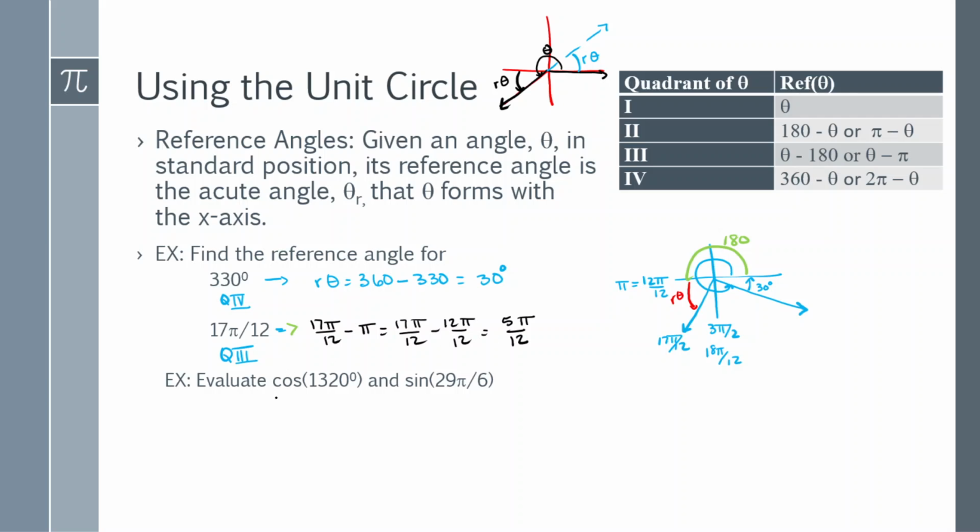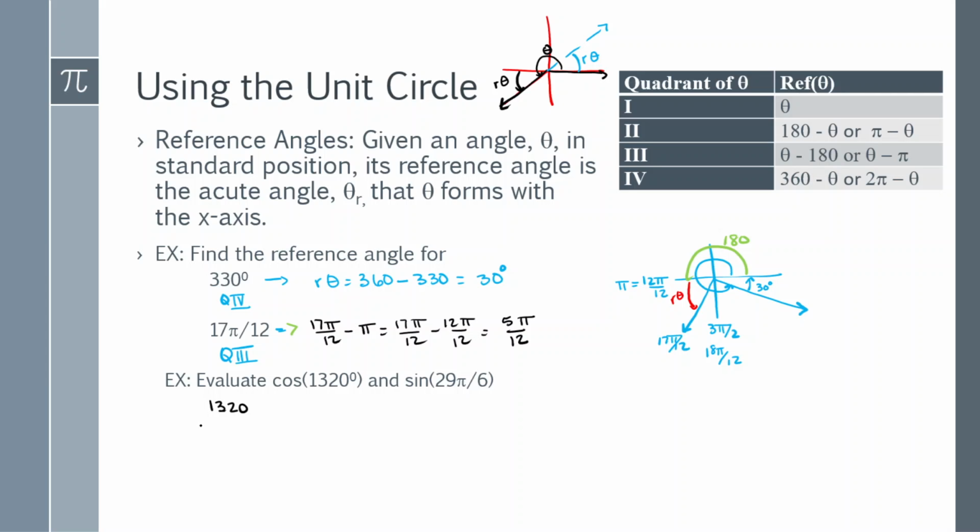Okay. Now, how do we use this information to find cosine, sine, tangent values? Well, the first thing I would do is I would subtract out the values of 360 to get myself down to something in the unit circle. Okay, so 1320, I'm going to subtract multiples of 360.